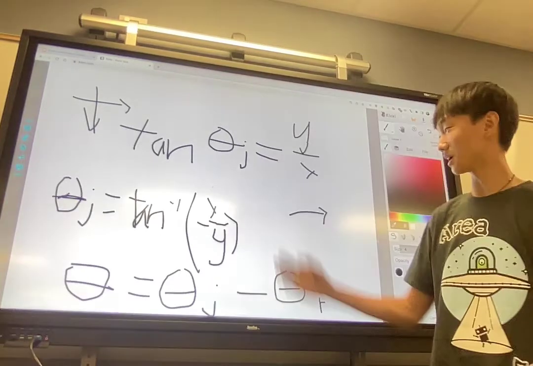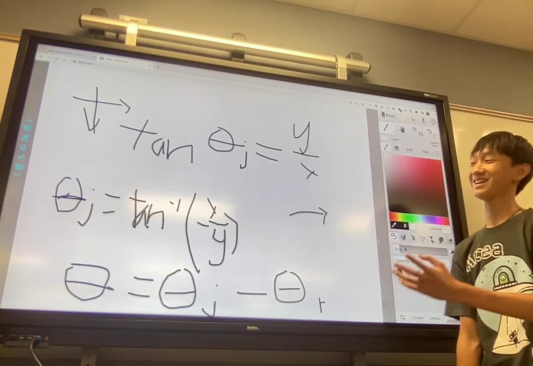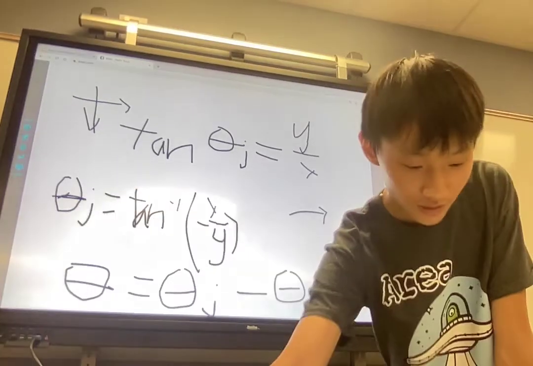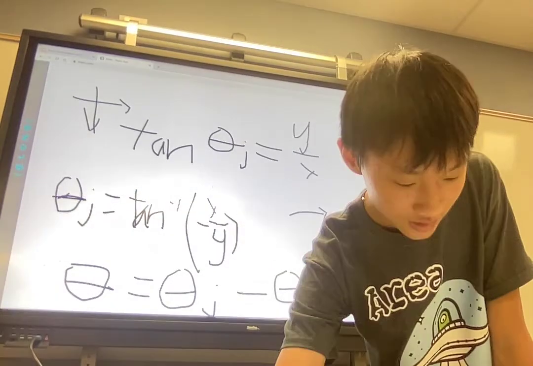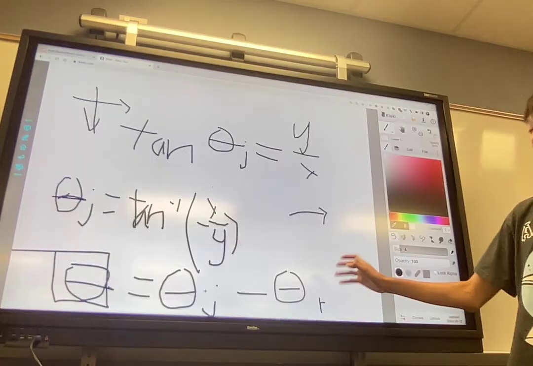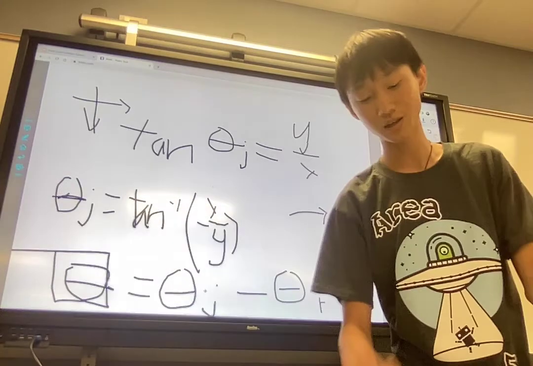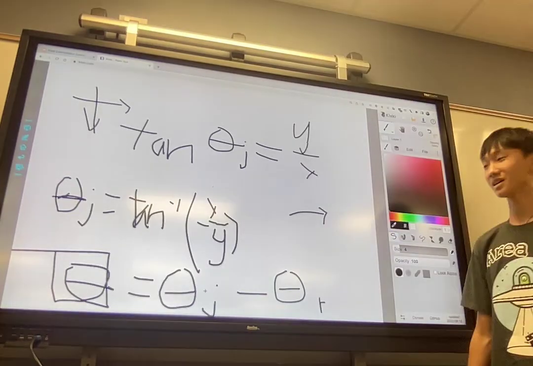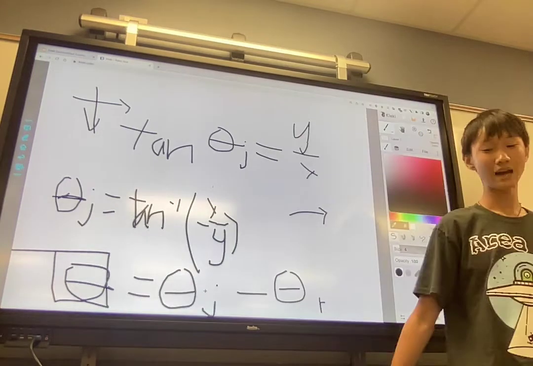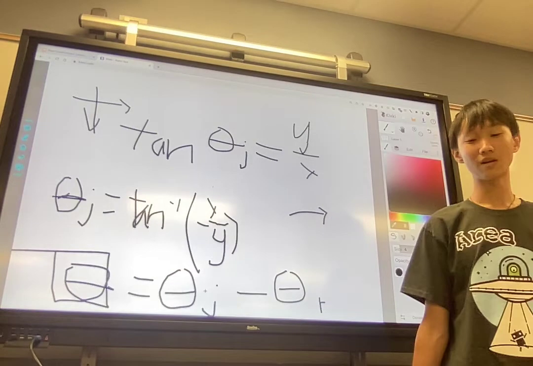It's a little bit messy, but you can see that that's the joystick angle. So now we can find this angle theta, because we now have both the joystick angle and the heading of the robot. We just subtract the two and we find it. But we're not done yet, because we can't just feed the robot an angle and have it go in that direction. We actually need to feed it x and y values.